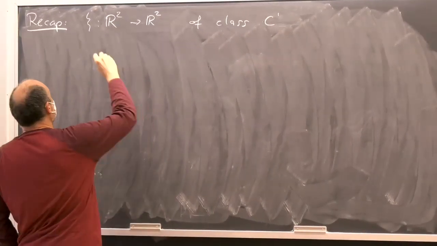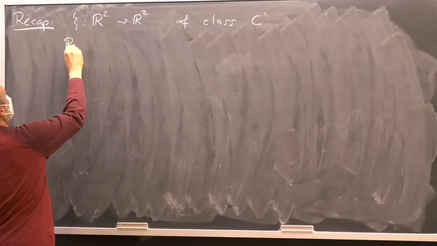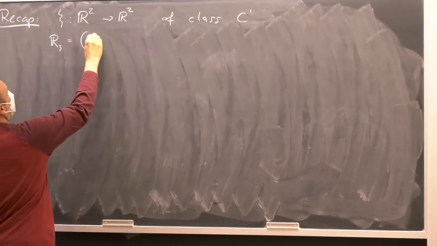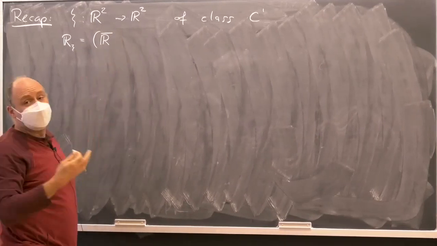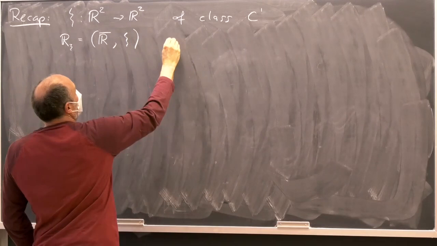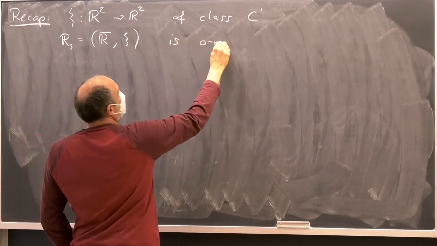Then after a little bit, we assumed that the expansion of the real field by C, so R bar is the real field, okay? We assumed that this is o-minimal.